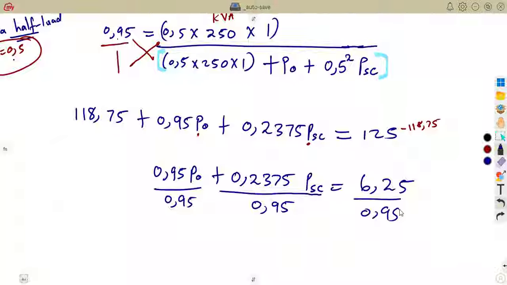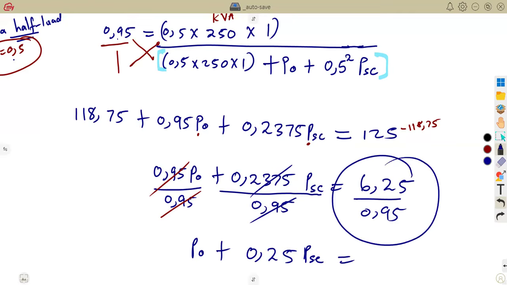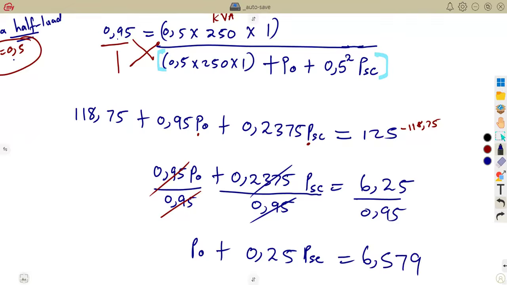So dividing by 0.95 cancels this. That's P open circuit plus, divide these two, it was going to be 0.25. So you're going to get 0.25 P short circuit is equal to, you divide these two, it was going to be 6.579.